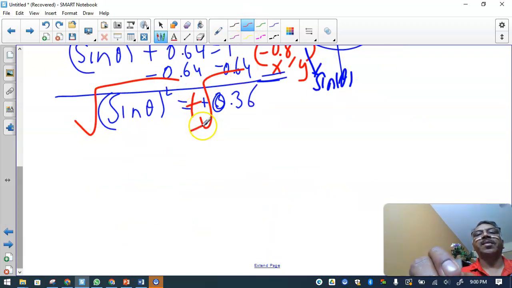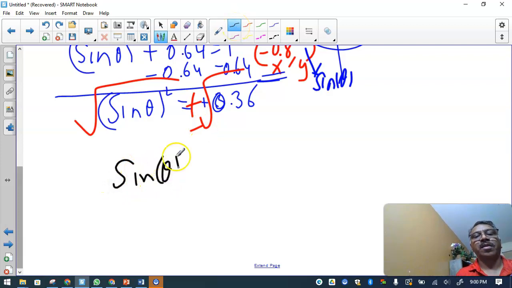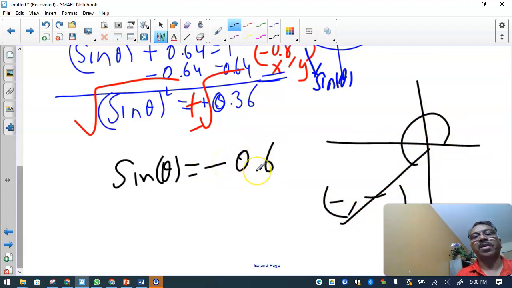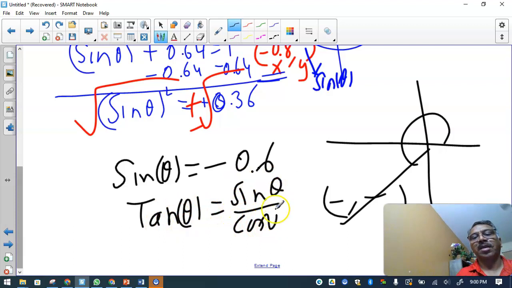If you take the square root of both sides, it is plus and minus, but we are in the third quadrant, right? Both are minus. So it has to be minus, and the square root of 0.36 is 0.6. And tan is sine theta over cosine theta.